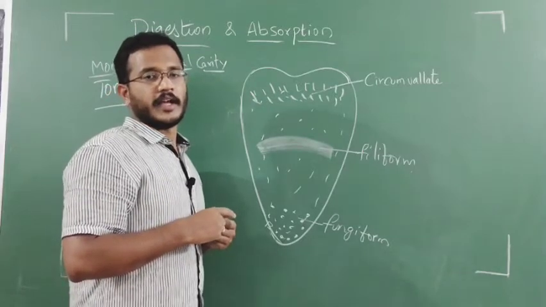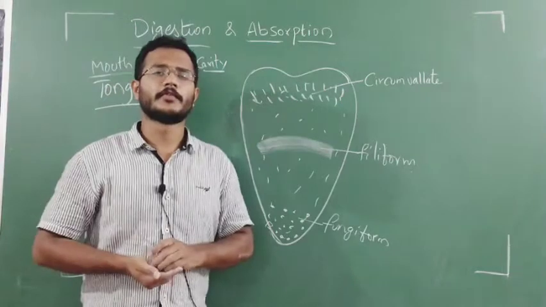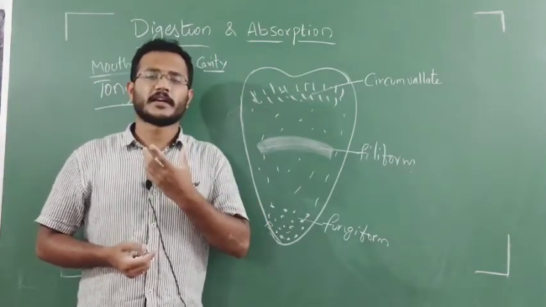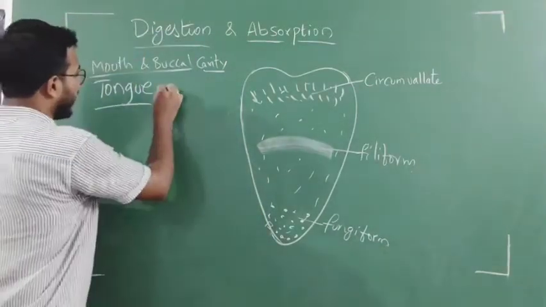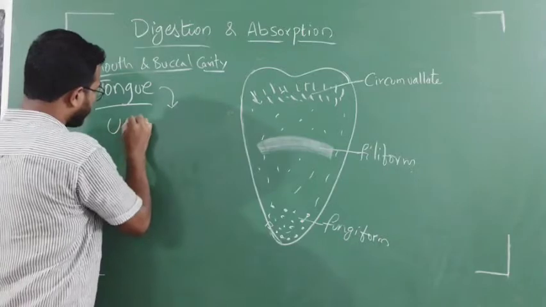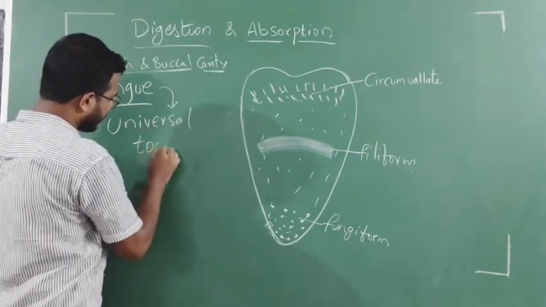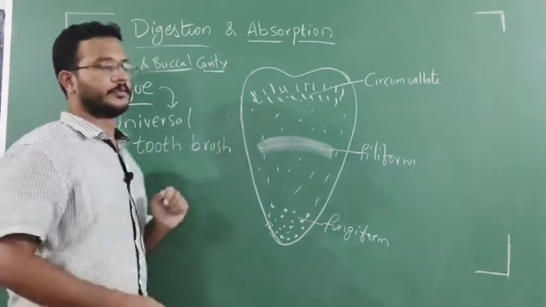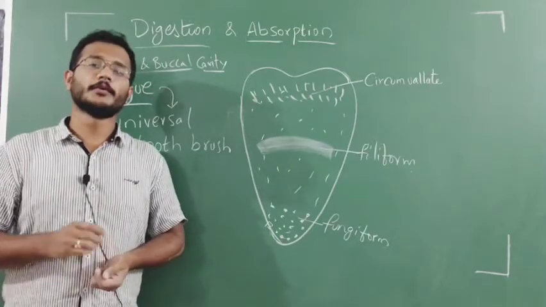the animals. This is about the tongue, and the tongue is helpful for mixing the food, and we can mix the food wherever it is present in the buccal cavity. We can take it out. So this tongue also acts as a universal toothbrush. Because what will a toothbrush do?